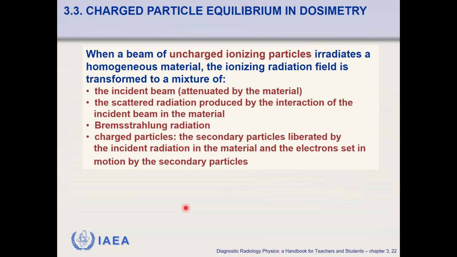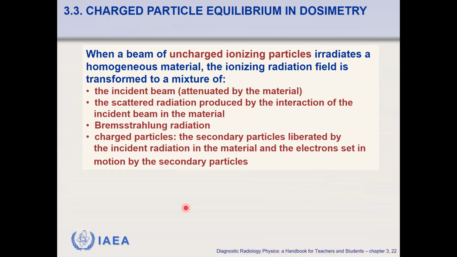In the previous chapters, I introduced the CPE, the charged particle equilibrium in dosimetry. We will talk about it more now. Charged particle equilibrium, CPE, occurs in a material when the number of charged particles entering a small volume is equal to the number of charged particles leaving that volume.